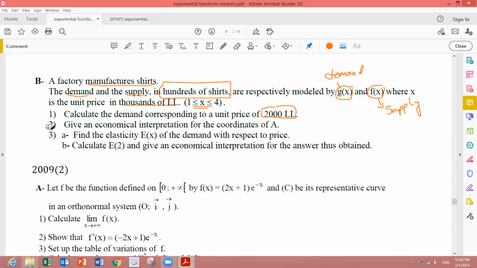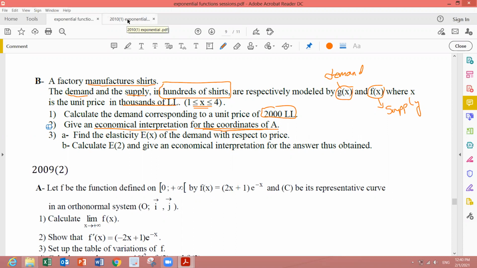Part 2, give an economical interpretation for the coordinates of A. What is the economical interpretation for the coordinates of A? Market equilibrium. Why market equilibrium? Demand equals supply.